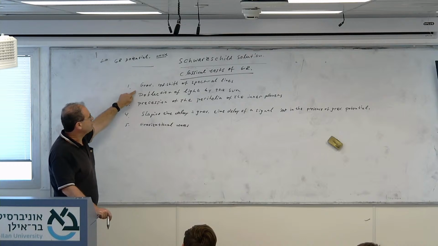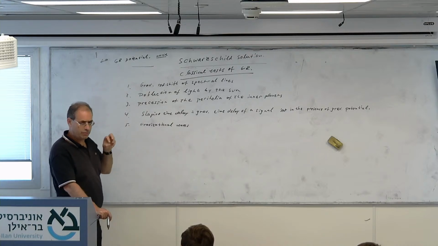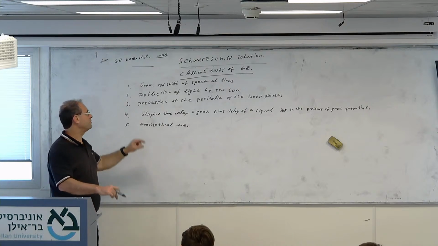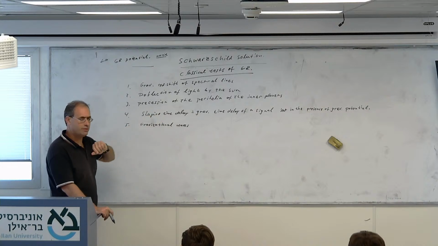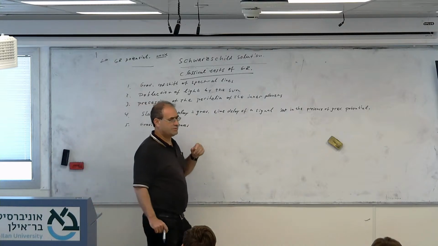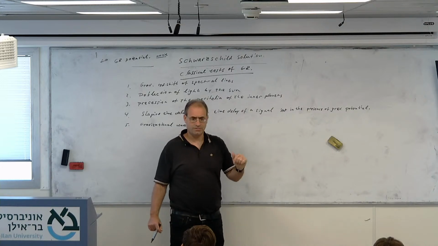This occurs when the source and the detector are not at the same location. Right? The emitter of the spectral line and the detector are not at the same location. Here, the time delay is a signal that we on Earth are sending to, let's say, Venus, reflected back to us.